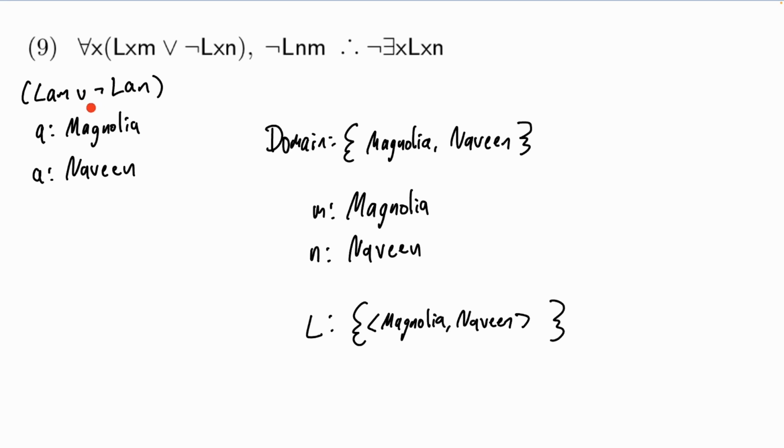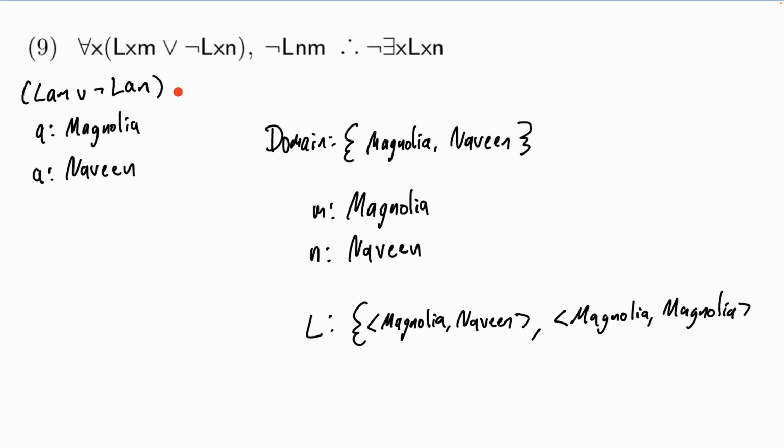So the negation of LAN is going to be false. So if we're going to make this whole disjunction true when A refers to Magnolia, we need to make LAM true, which means we need to make Magnolia love Magnolia. So let's do that. Let's expand the extension of L here to include the pair Magnolia, Magnolia.